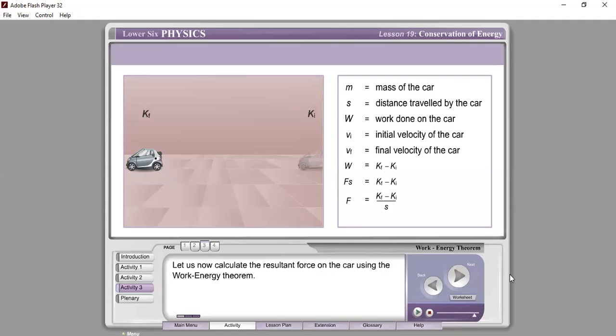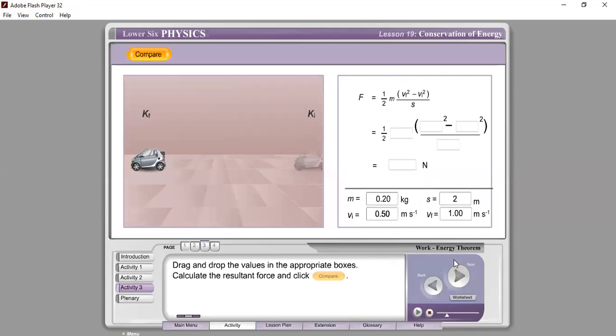F equals Kf minus Ki over S. So work done is equal to Fs, and work done is equal to Kf minus Ki. At the end, F is equal to the final kinetic energy minus the initial kinetic energy over the distance.